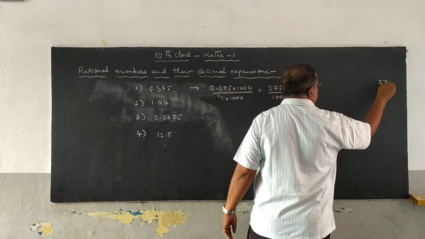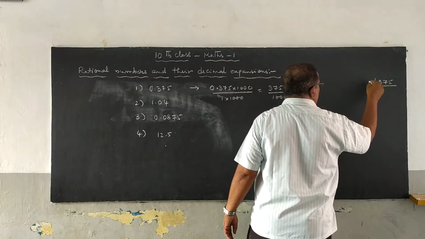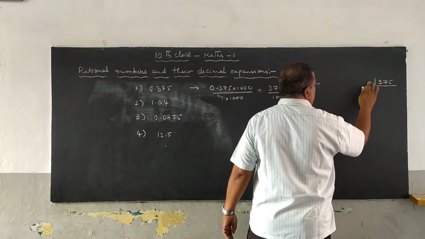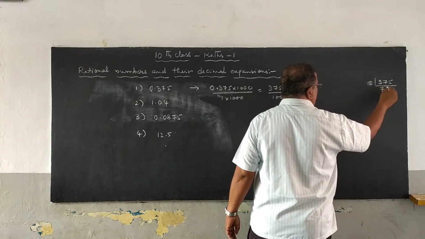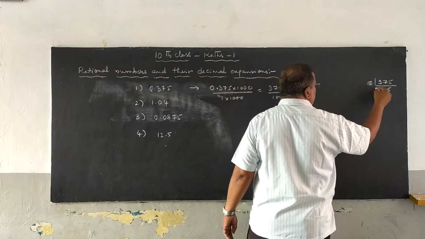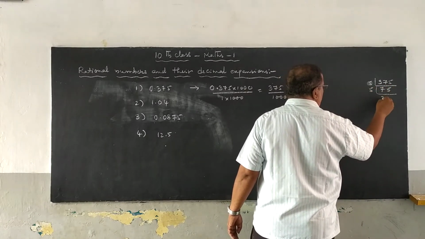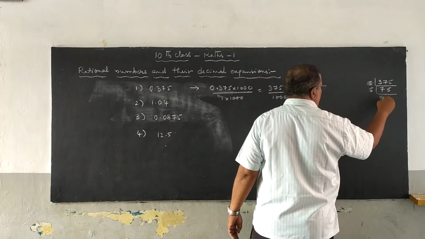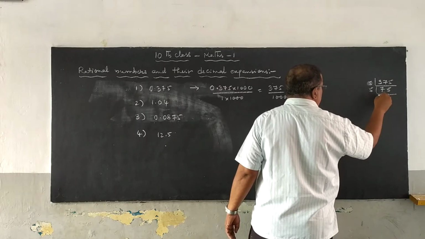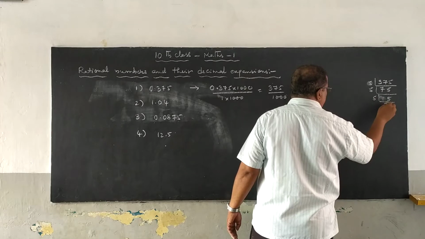375 factors: 5 sevens are 35, 5 fives are 25, again 5, 5 fives, 5 threes.